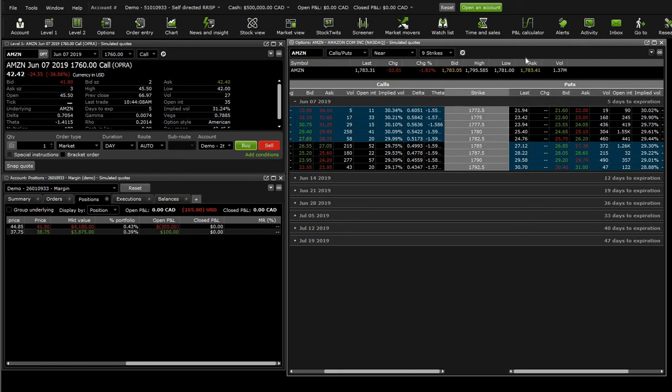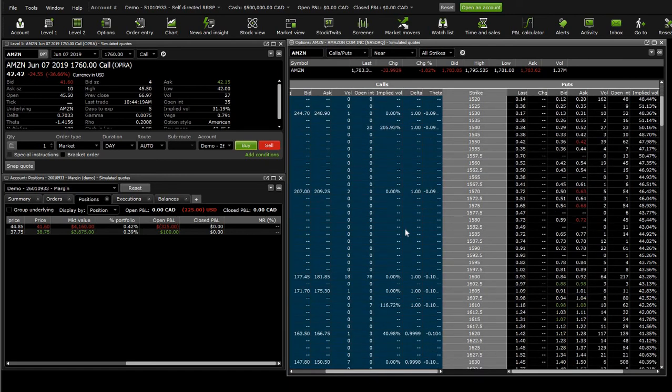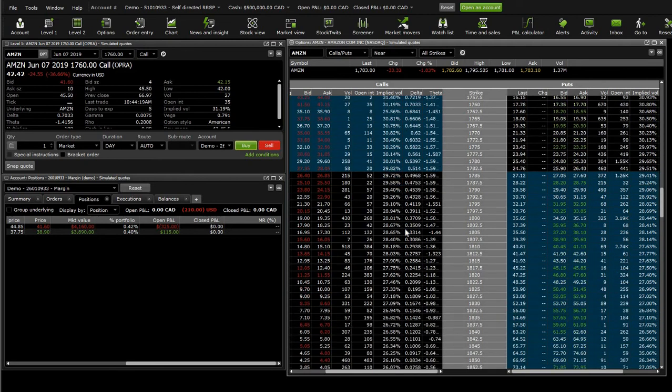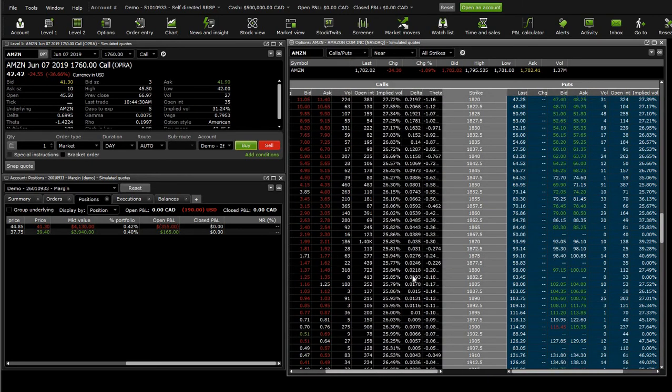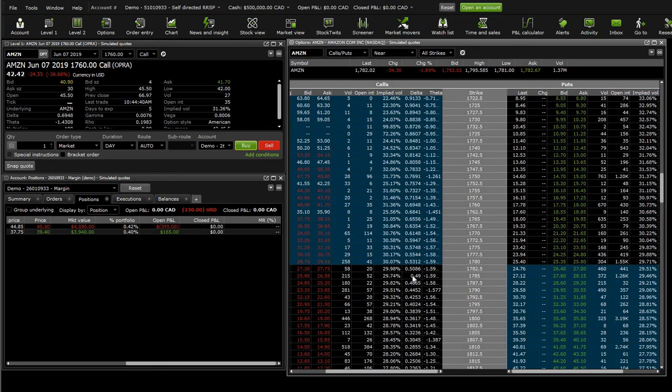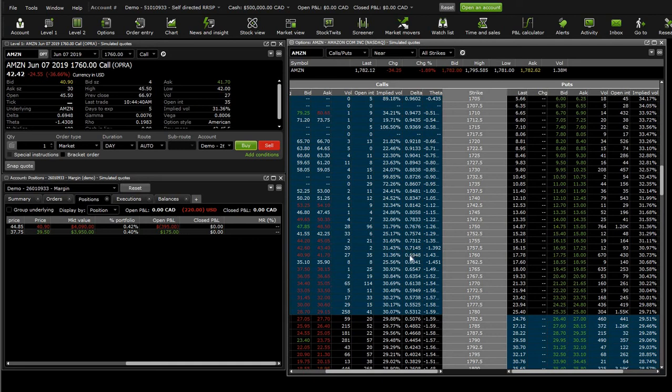So if we open up all strikes, we can look at what the delta was for the ones that we bought. Okay, so about 1760.